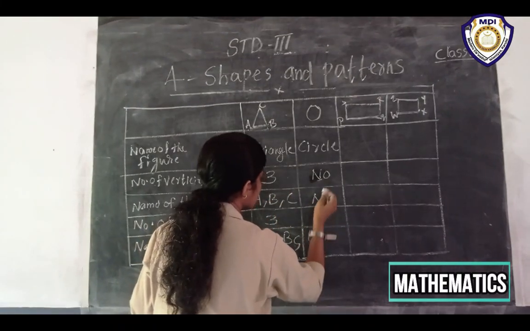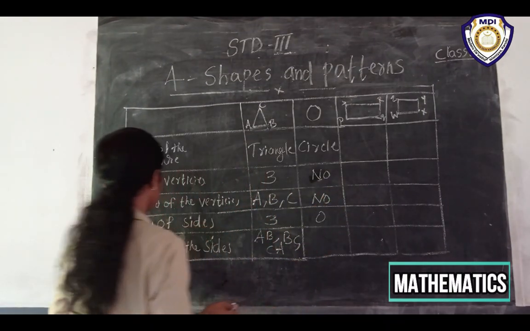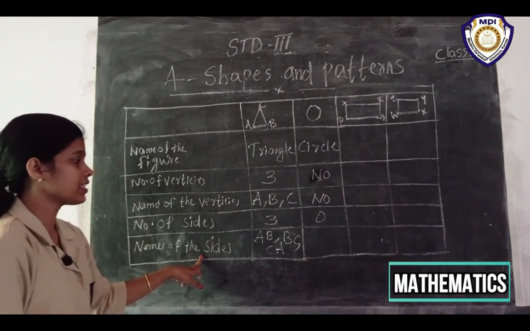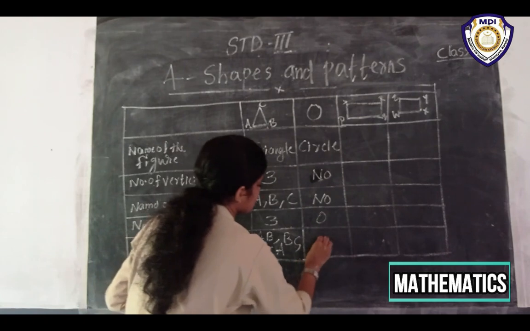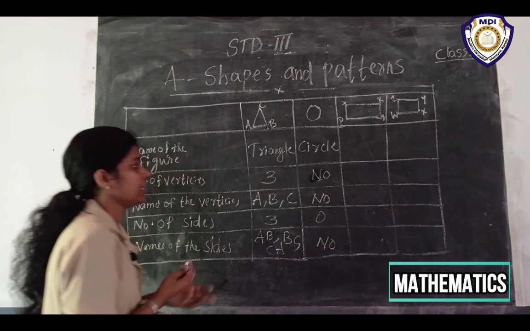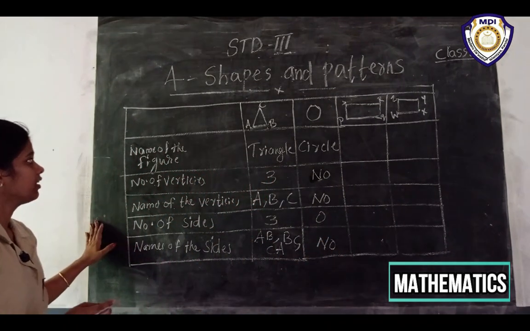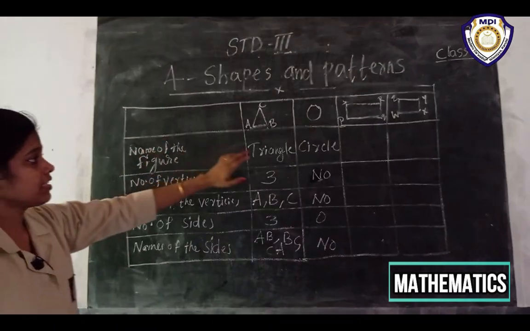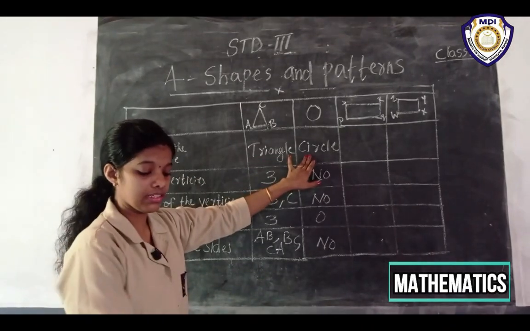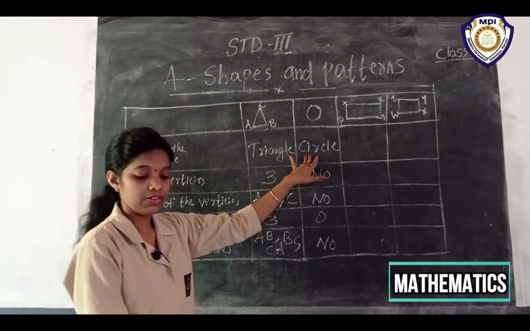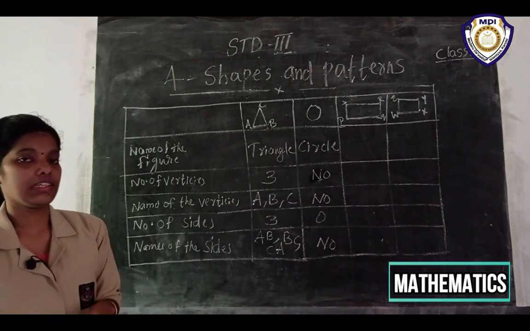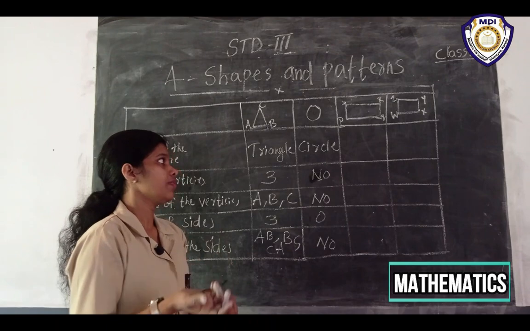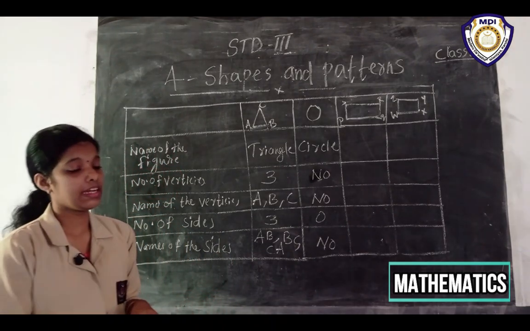Number of sides: 0. Name of the sides: none. This is a circle. A circle has no vertices and no sides.